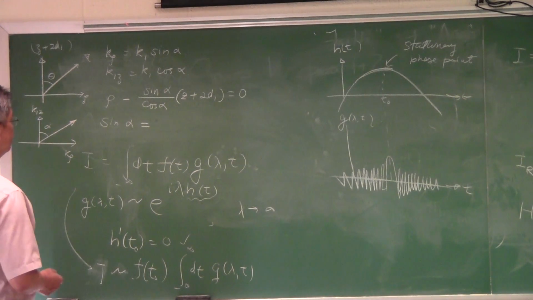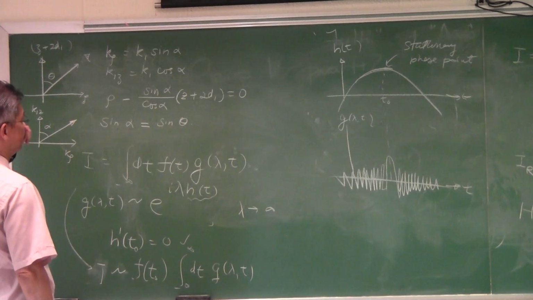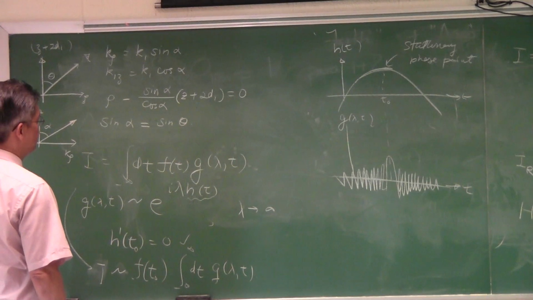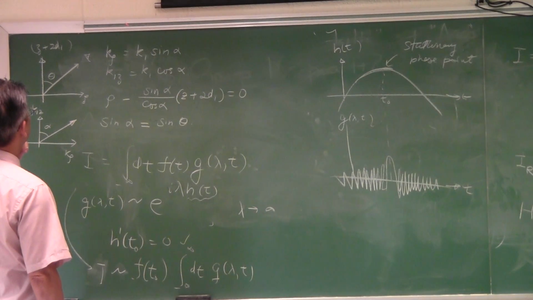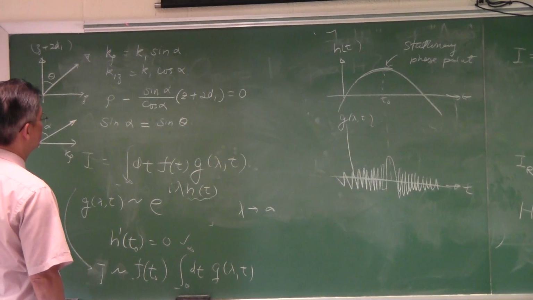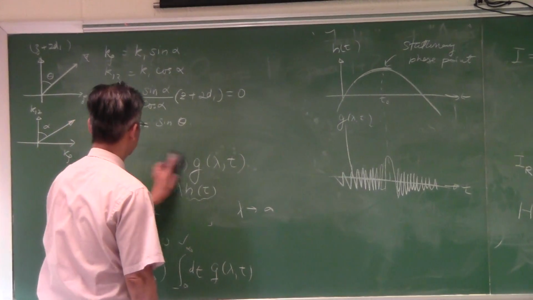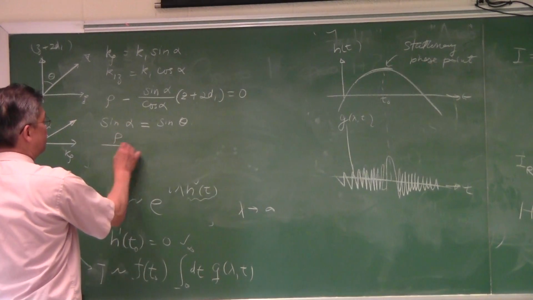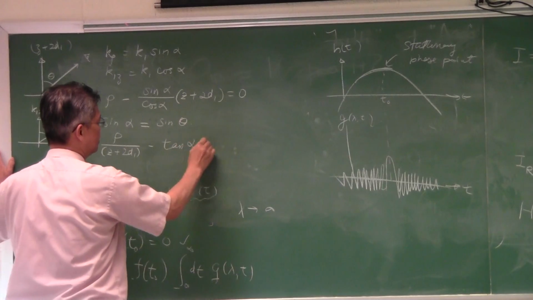If I pick sine alpha equal to sine theta, then I can rewrite this as rho over z plus 2d1 minus tan alpha is equal to 0.